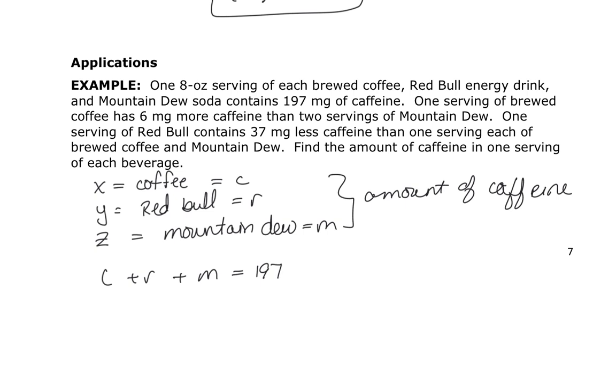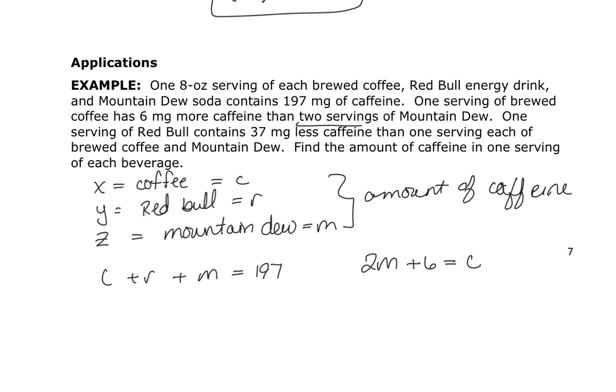One serving of brewed coffee has 6 more milligrams than 2 servings of Mountain Dew. So if I take 2 servings of Mountain Dew, and 1 serving of brewed coffee has 6 more, so if I take Mountain Dew plus 6, I'm going to get the coffee, because coffee is 6 milligrams more than 2 servings of Mountain Dew.